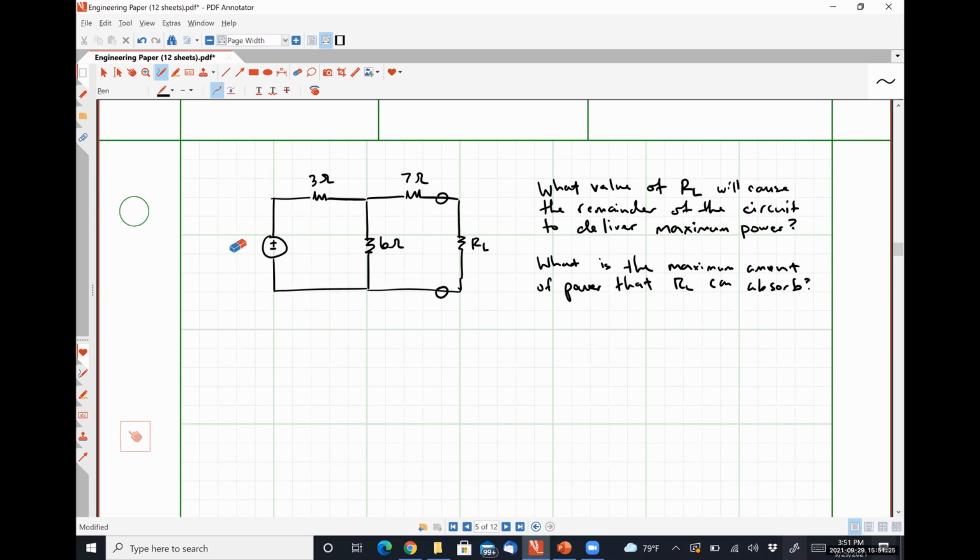Okay, so 12 volts divided by 3 ohms is 4 amps. All right, somebody else, what comes next? So what's 3 in parallel with 6, Joy? 2. What can I do next?